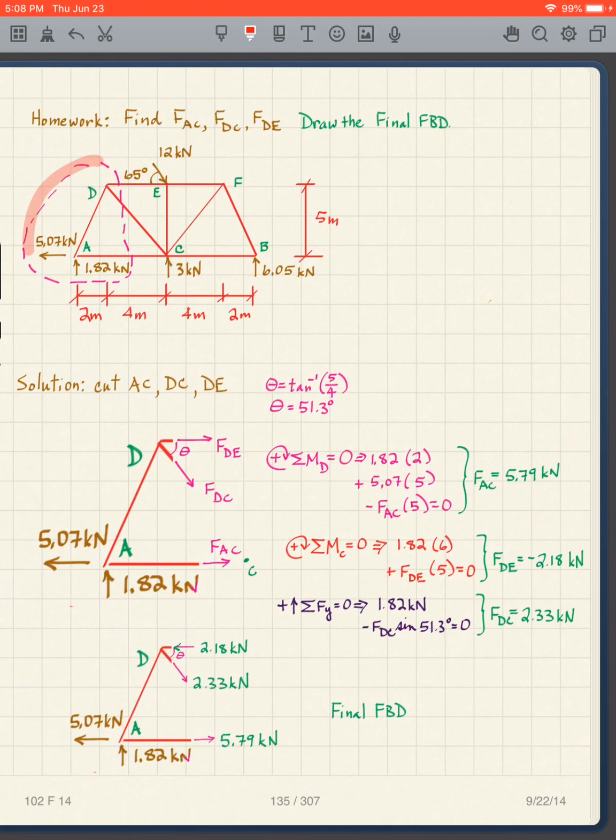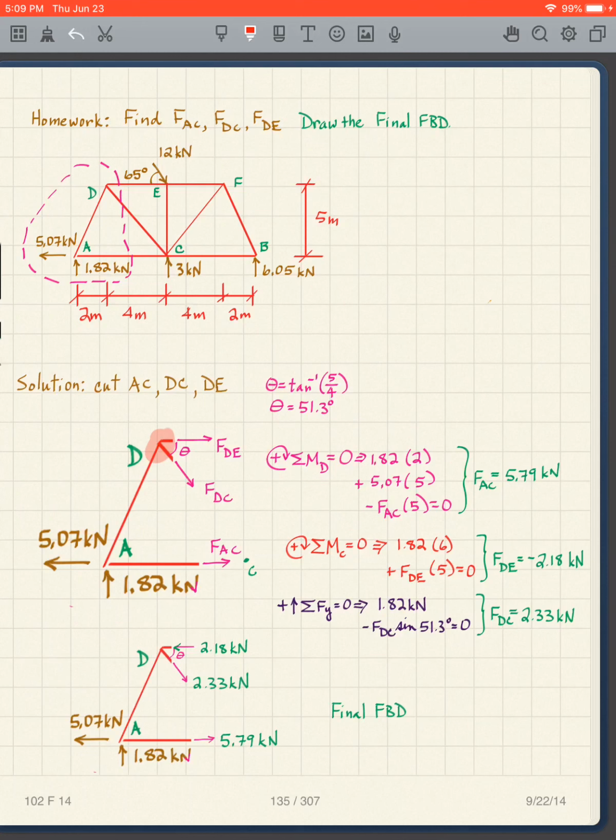Well, the best free body diagram is right there. It becomes this free body diagram, and so now we use our skills here. If this is my free body diagram, I can quickly find FAC. Why? Because if I take moments about this point, I've eliminated these two. So I'm going to take moments about point D, and all I have are these.